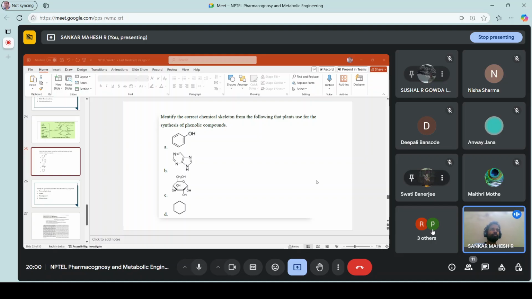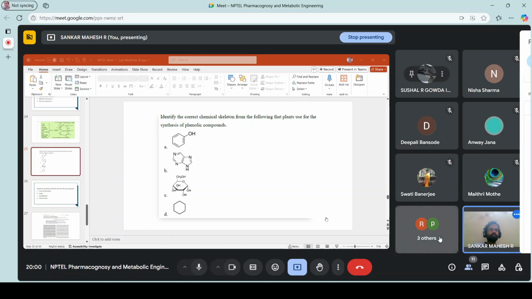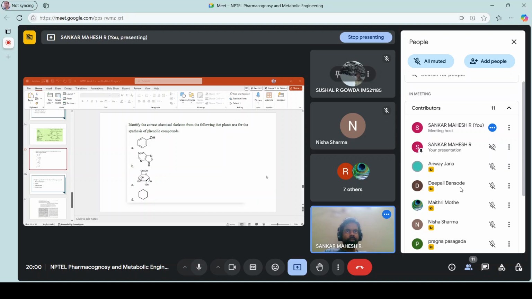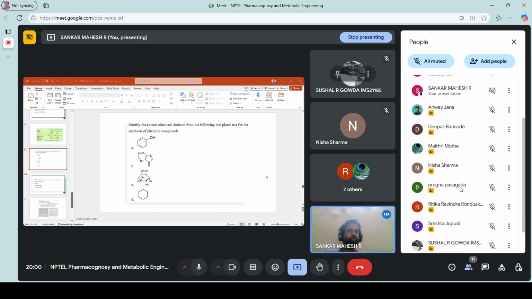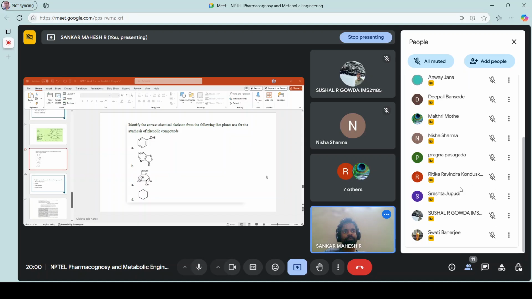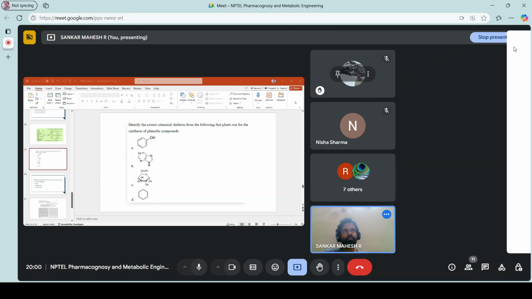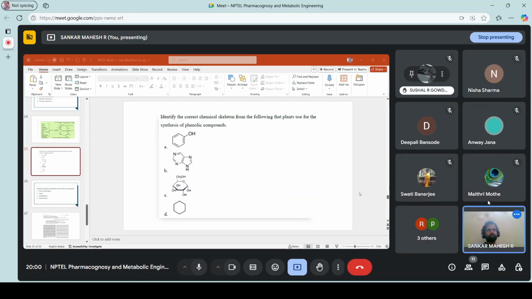Does anyone want to try this? Structures of basic chemical compounds? Yeah, Sushant. We start with the incorrect options, like we usually do.